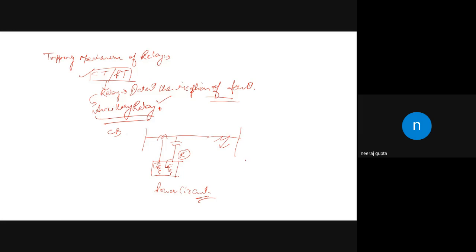Now the signal from the power circuit is given to another circuit, which is known as the control circuit. The signal is given to that control circuit. Now, what is there in the control circuit? Suppose we have the auxiliary relay.